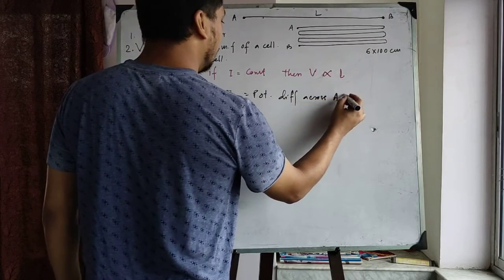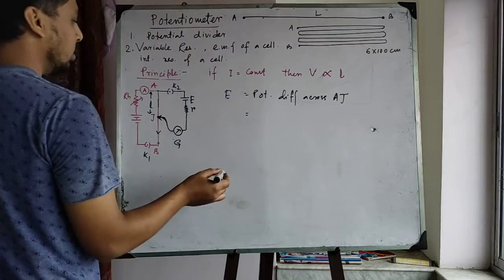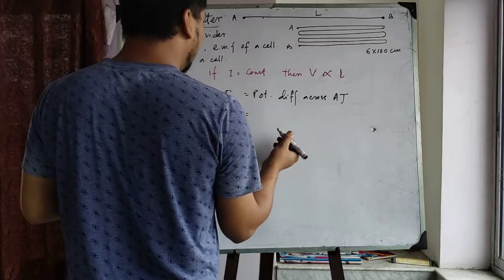across the length AJ. What is the potential difference across AJ?